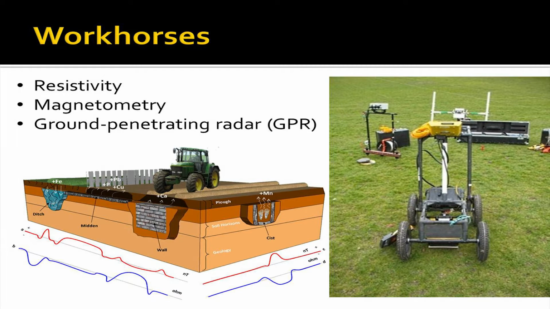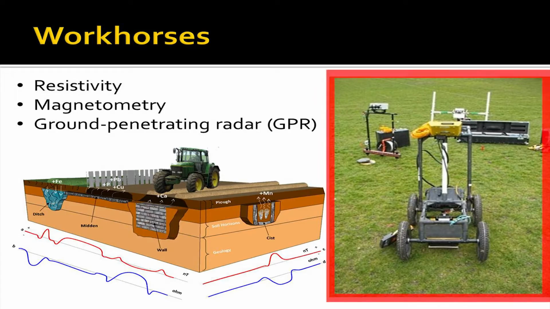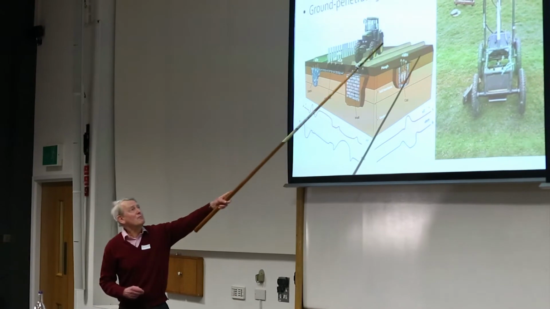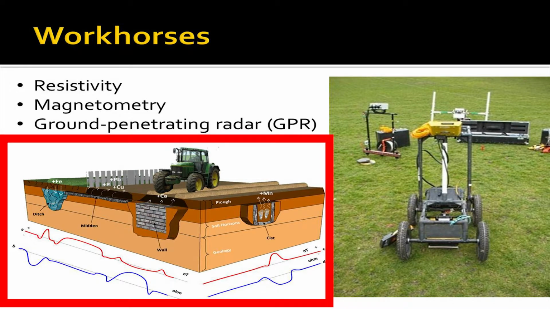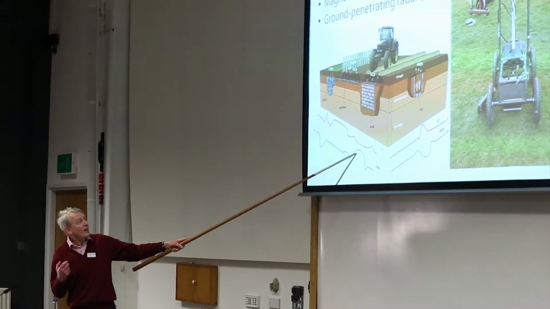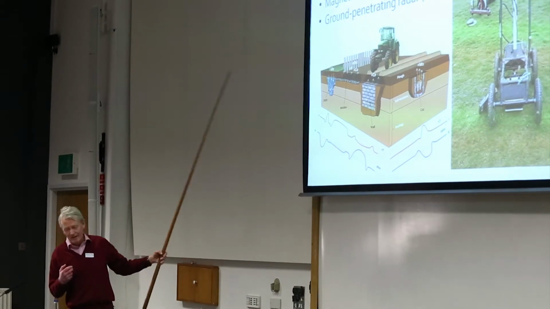Now let's come to the instrumentation, and I highlight straight away the so-called workhorses of geophysical survey: resistivity and magnetometry in particular. So on the right, resistivity, measuring electrical resistance, walking with a probe, and we're getting readings of electrical resistance over our survey area, and then we can go straight to this plot here, and we know that there are fairly straightforward electrical signatures over particular features, an increase in resistivity there, and so on.